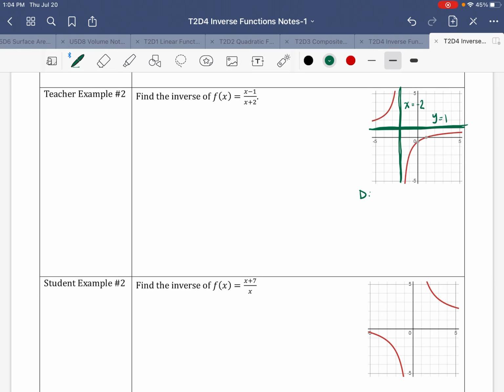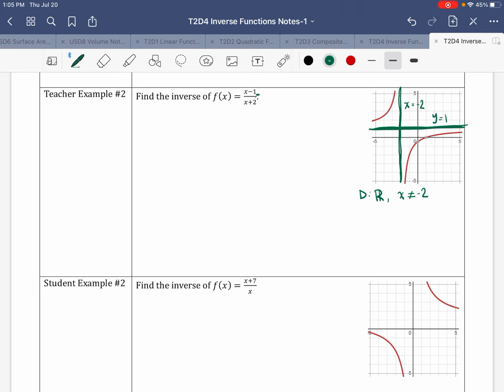So when we think about our domain for this function, it's going to be all real numbers except x cannot equal -2. All right, so any other x value works except for -2.